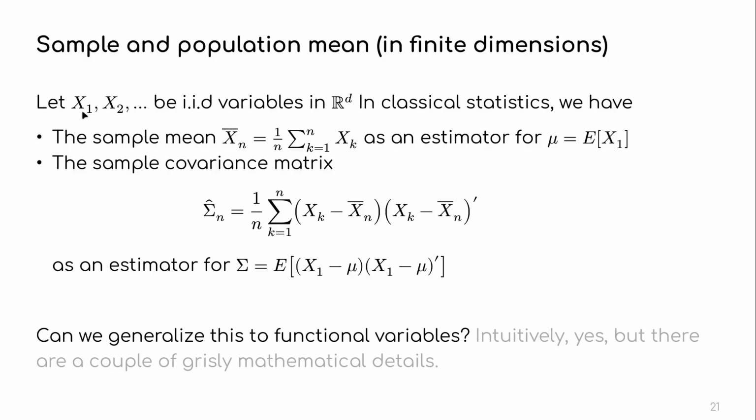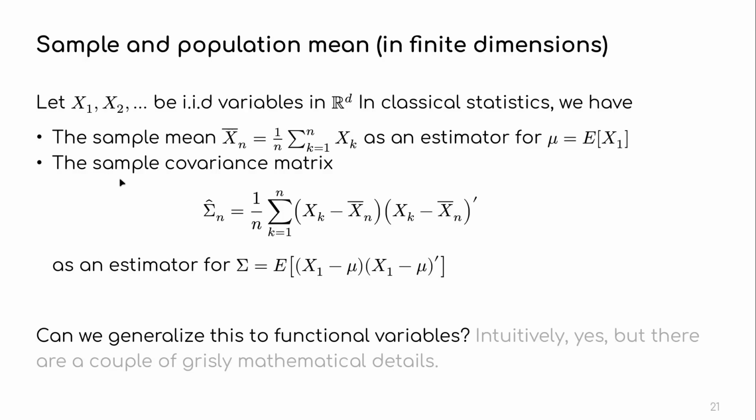Assume I have some IID variables in R^d, then I can take the sample mean, simply 1 over n times the sum of the x_k. That's the sample mean, and it's famously an estimator for the actual population mean, the expectation of x_1. Here it's x_1, but it's any of the x's because they are all identically distributed.